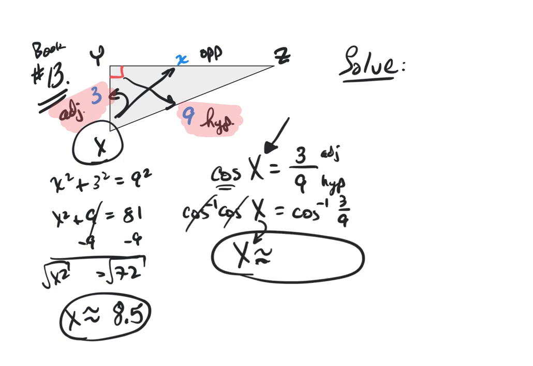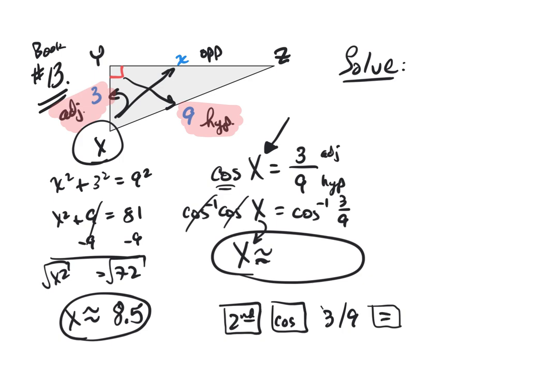And on the right-hand side is the calculator problem, the inverse cosine of 3/9. So remember, with inverse, we have to use the second button. So this is going to be second, and in this case, we need to use the cosine. And then we have to enter into our window 3 divided by 9 and hit either the equal sign or the enter, whatever you have on your calculator.